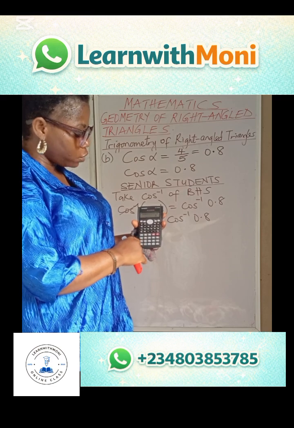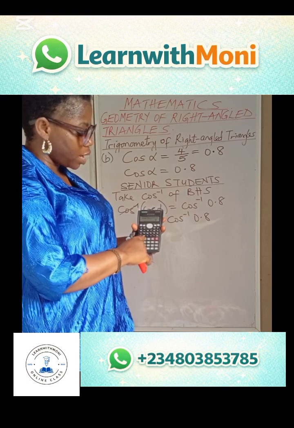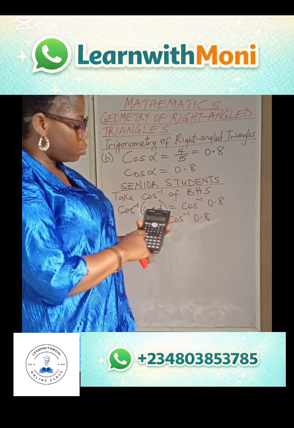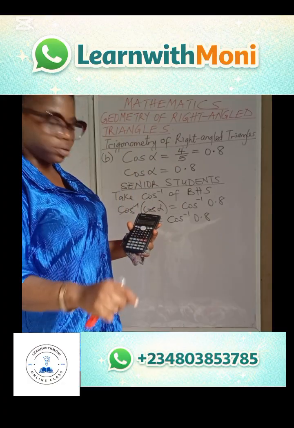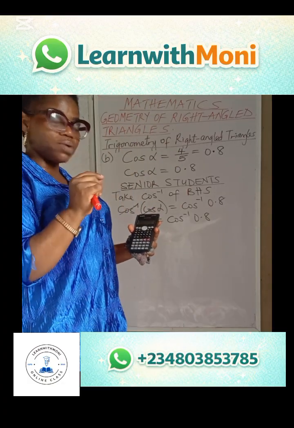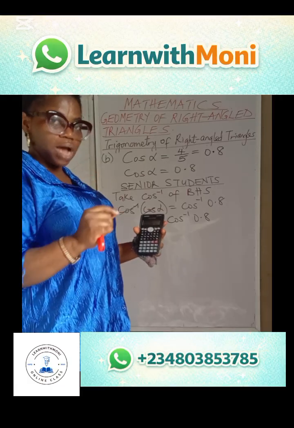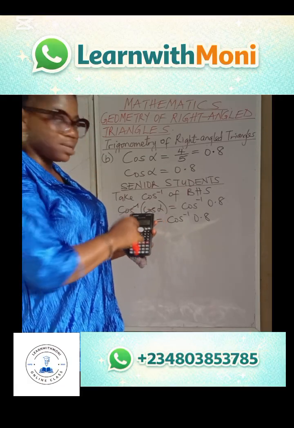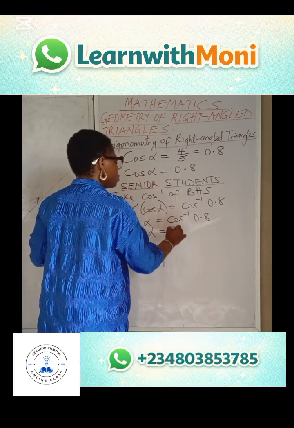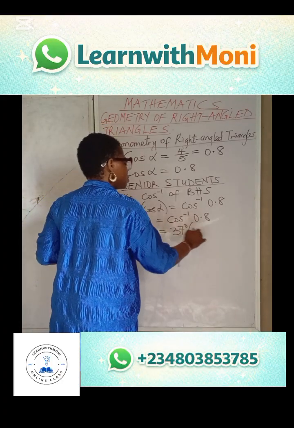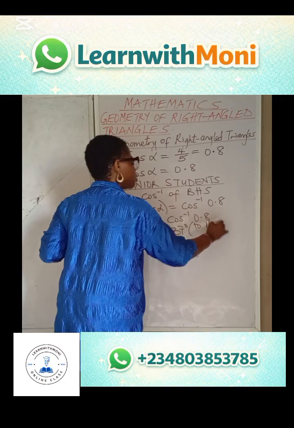So arc cos of 0.8 equals 36.8698 and so on. If I want to take that to the nearest degree, the nearest whole number, I will be taking 37. That means alpha is equal to 37 degrees to the nearest degree.